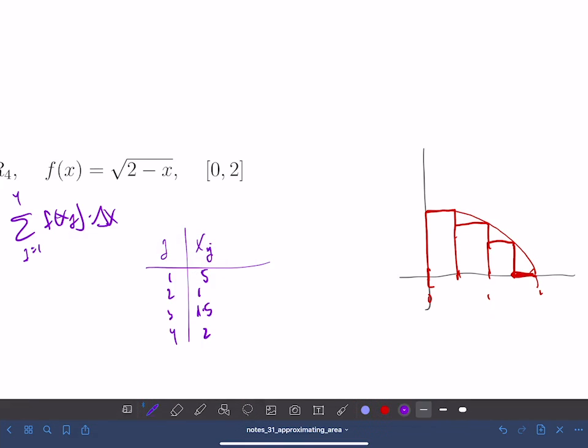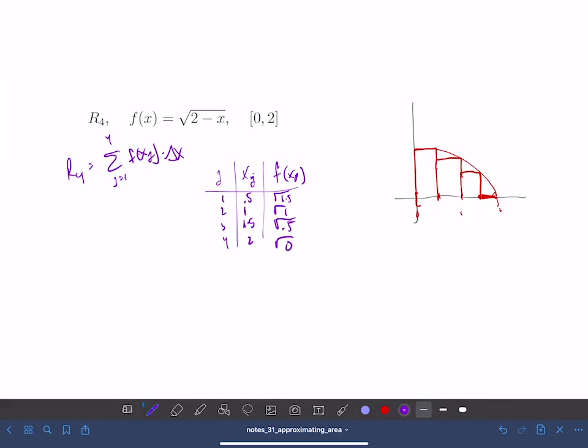That's a 0.5. There's that square root of 0. That's this one right here with height 0.